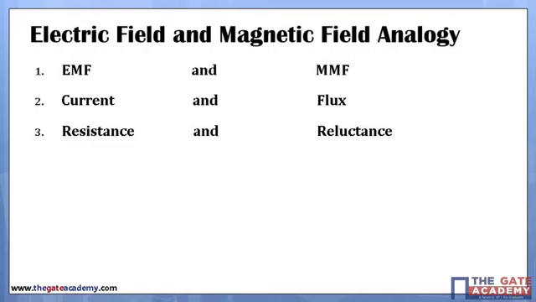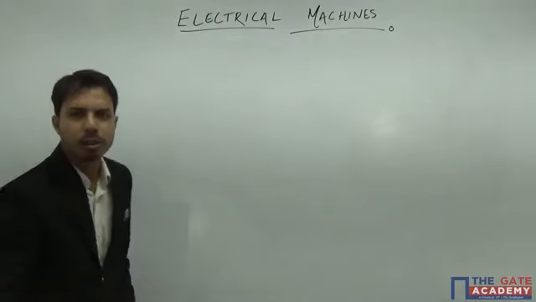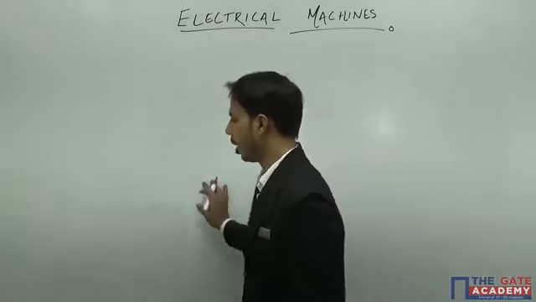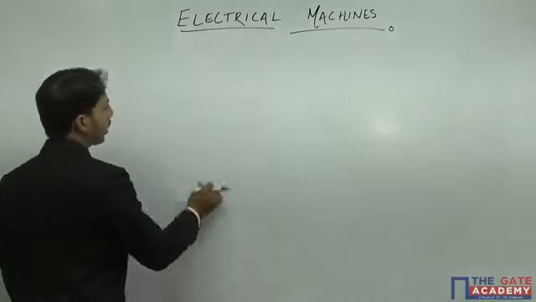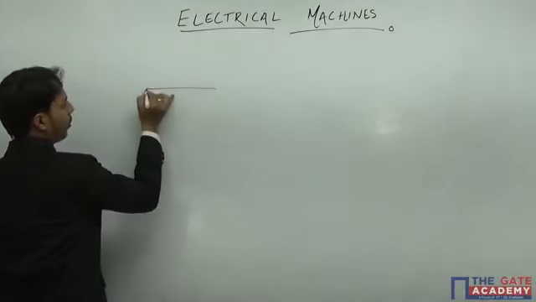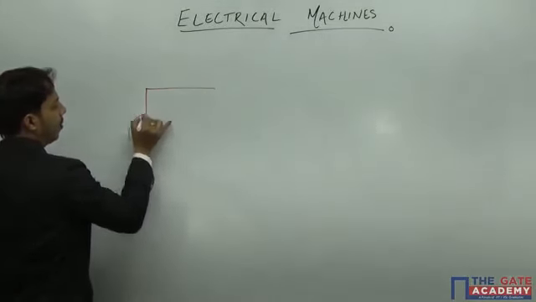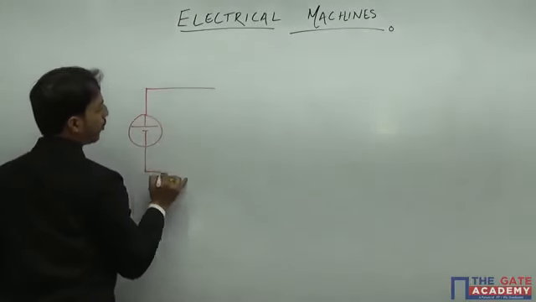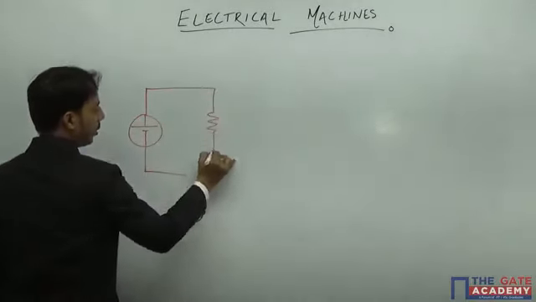Let us understand the next topic. We have seen the analogy between electric field and magnetic field, so let us see that analogy now. The electric circuit will be given by this, my EMF, and I have a resistance here.